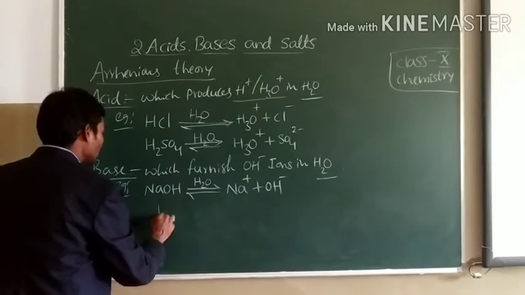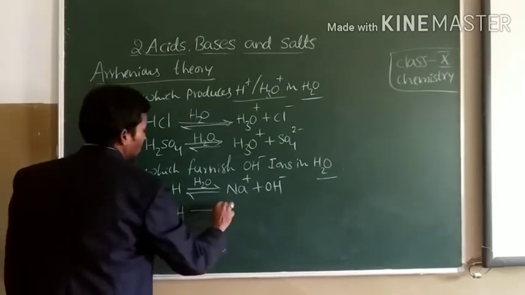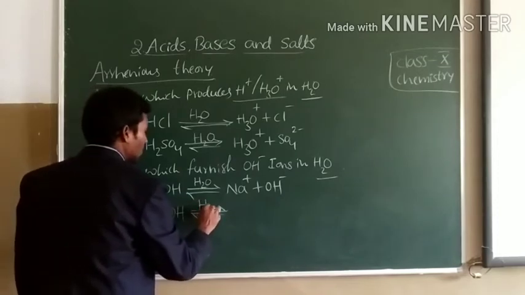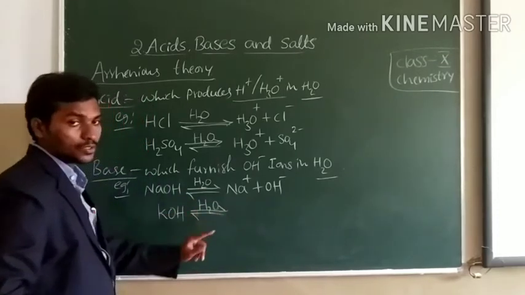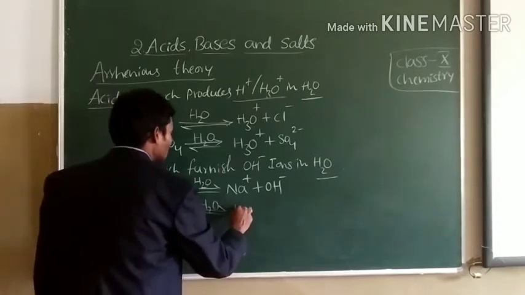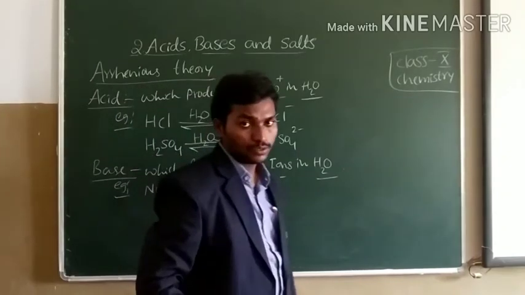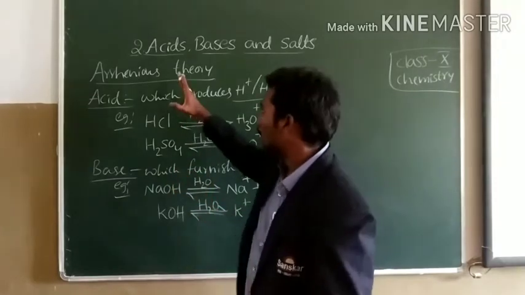And one more example, KOH, potassium hydroxide. In aqueous medium or in water, this potassium hydroxide is ionized to K plus ion and OH minus ion. So these are some examples of acids and bases.